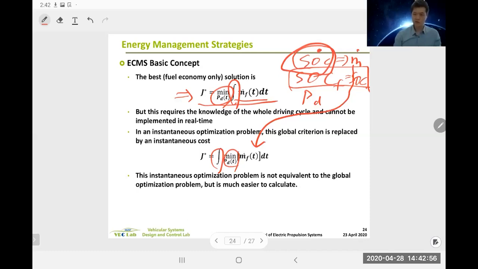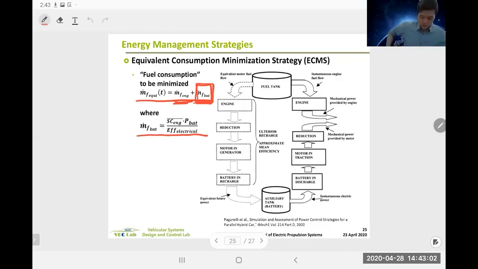SOC dot is, more or less, equal to power, right? So we are trying to convert battery power into battery fuel consumption, right? So we need to find out these values, right?